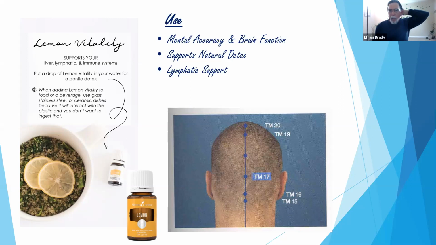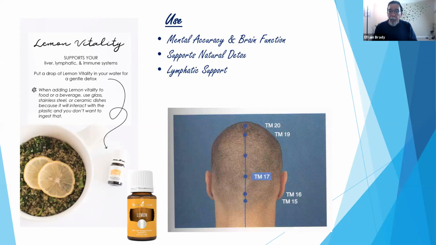So you can go straight, and when you reach the protuberance, if you touch, you feel there is a little hole there. That's the place where you will apply that oil, and it's amazing. That acupoint is excellent to support our brain.